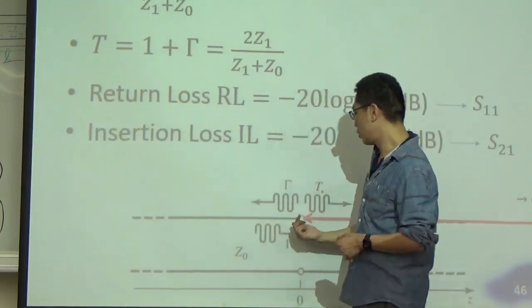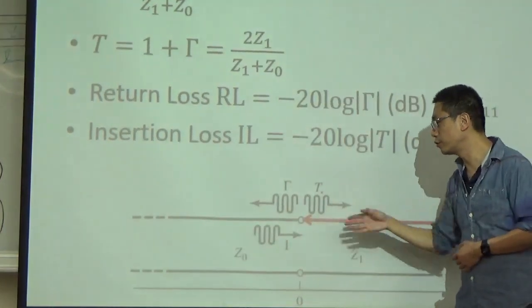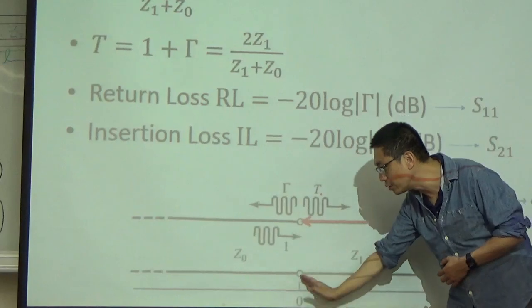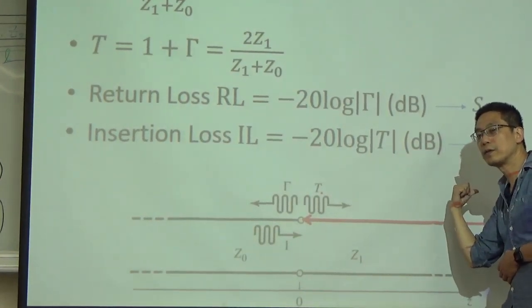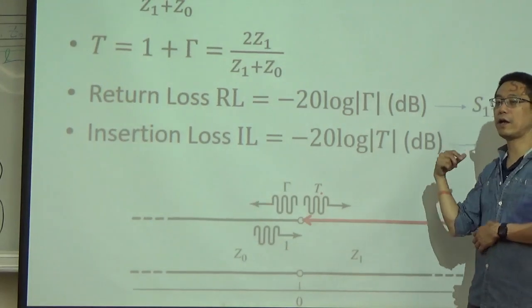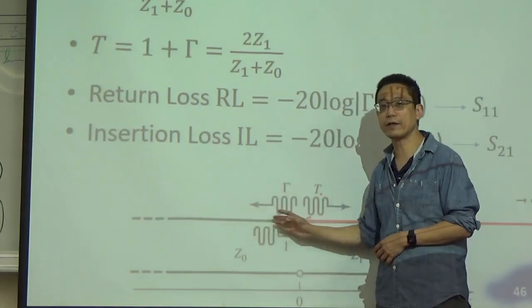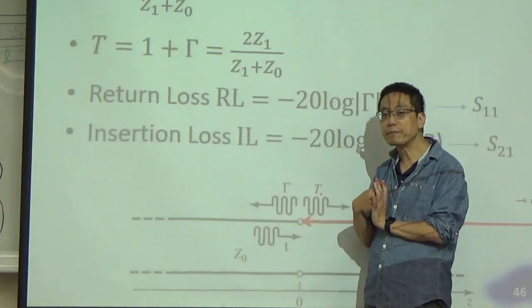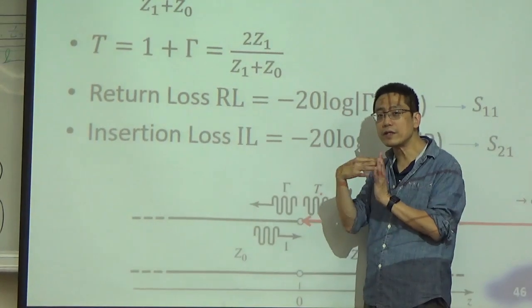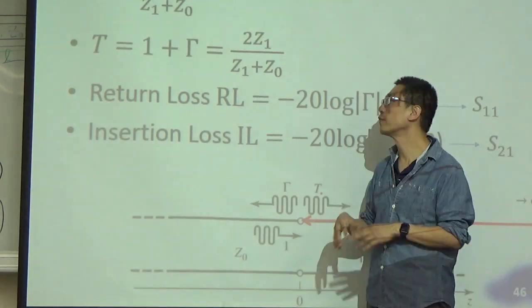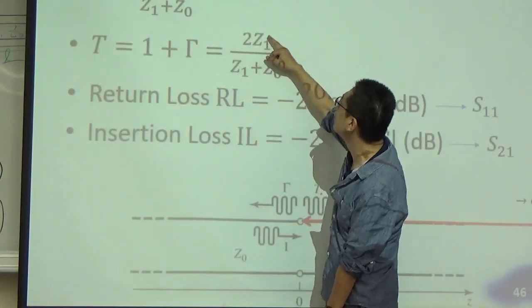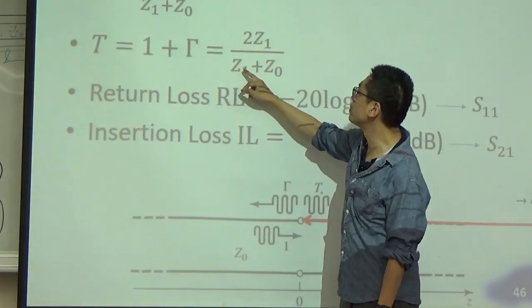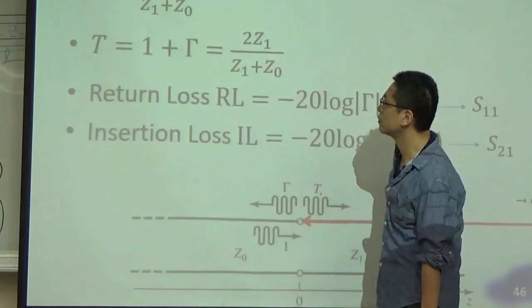How much you passed through the discontinuity to another direction, plus the energy reflected back, the summation stays the same. You can use the equation and obtain T equals 2 Z1 over Z1 plus Z0.